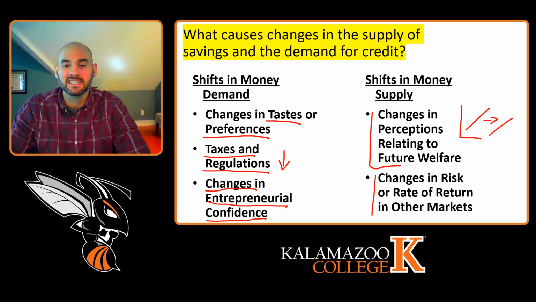Also, if there are changes in risk or rate of return in other markets, which are substitutes for where we can put our money, then that may impact our money supply curve as well.